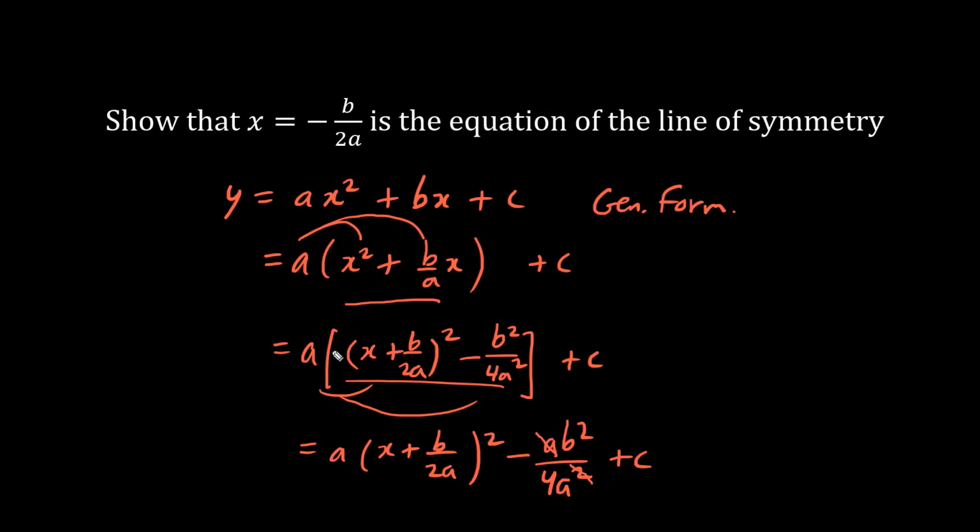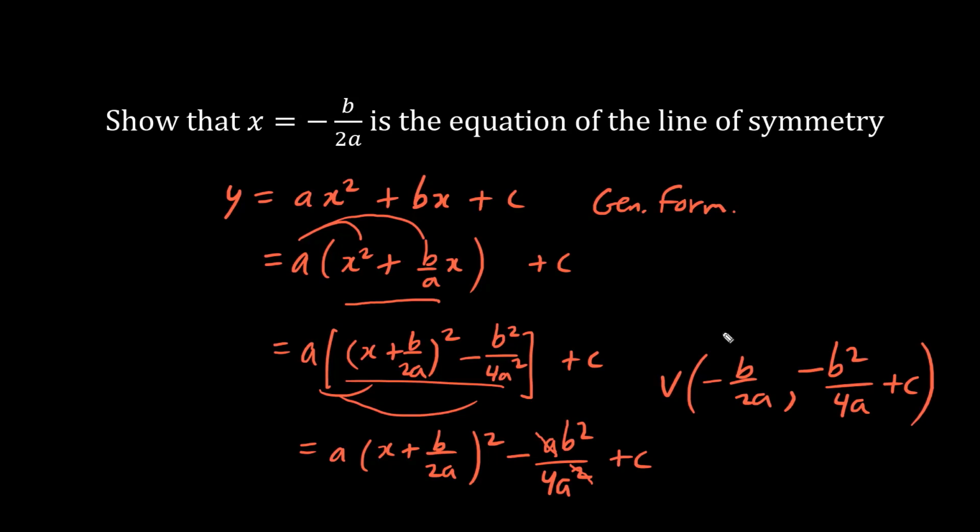So what does this mean? This means that quadratics can be written in this form, where the vertex is the opposite of positive b over 2a, which is negative b over 2a, comma, the y value, which is this leftover part here, which is negative b squared over 4a plus c.